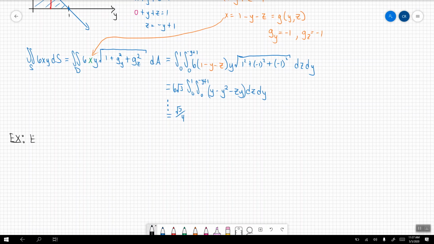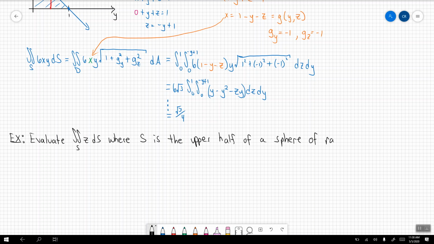We want to evaluate the surface integral for z ds, where S is the upper half of a sphere of radius 2.